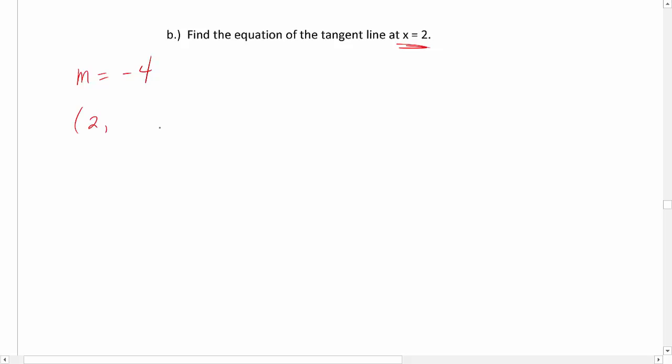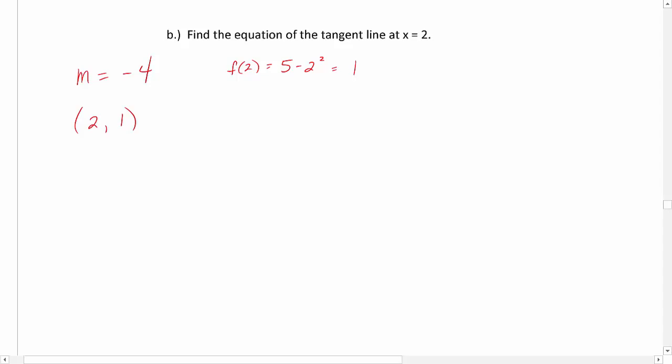We'll find the corresponding y value by simply plugging into our function. So we're finding f of 2. So we get 1. We're writing the equation of the line having a slope of negative 4 passing through the point (2, 1).